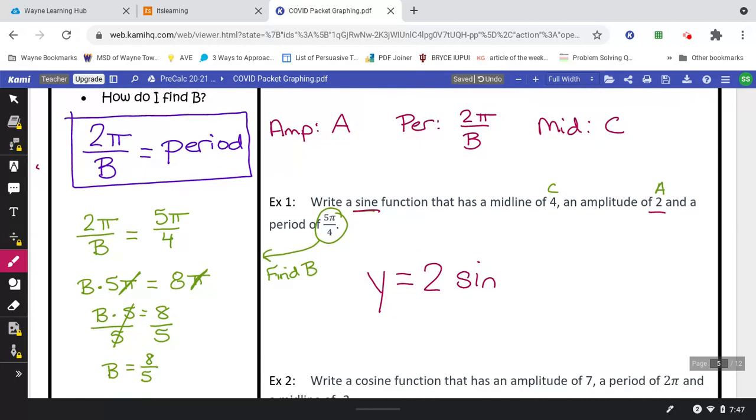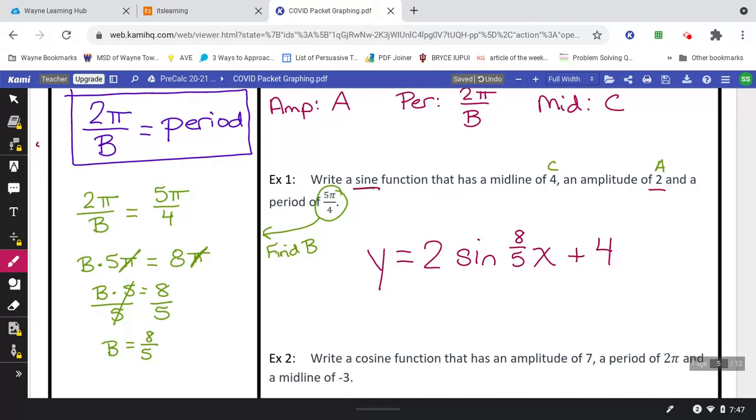And then we can put the b in front of the x, 8/5. Make sure you put the x there. And then the midline at the end, positive 4, would be written as plus 4. In Delta Math, they give you f of x equals, and then they have you write in the rest of the equation, so you would not need to write y equals.